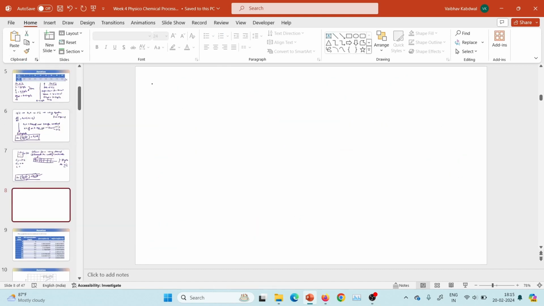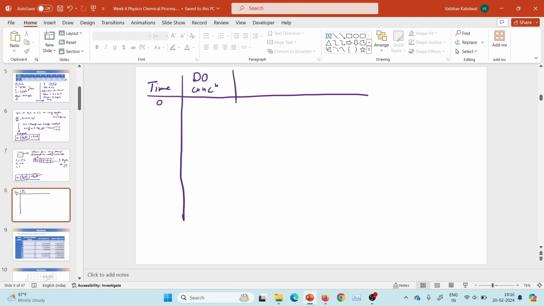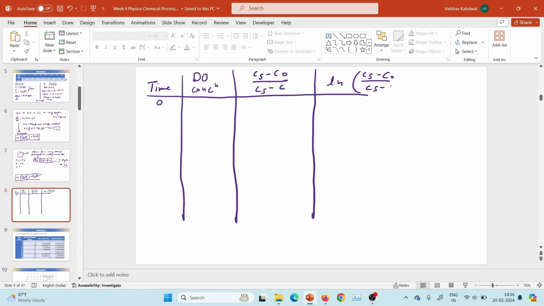So what we will do, we will write the table like this. This is the time. This is the DO concentration. And here is Cs minus C0 divided by Cs minus C. Here the next column will be ln of this.